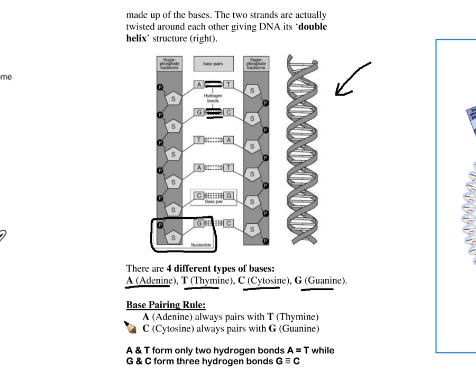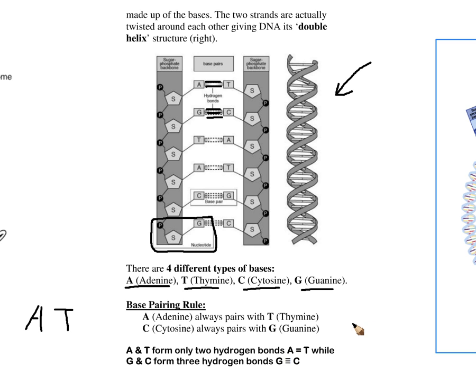The easiest way to remember this is that A is a letter made up of straight lines, and it pairs with T, which is also made up of straight lines, versus C and G, cytosine and guanine, which are curved line letters. So the curvy ones pair together and the straight line ones pair together.